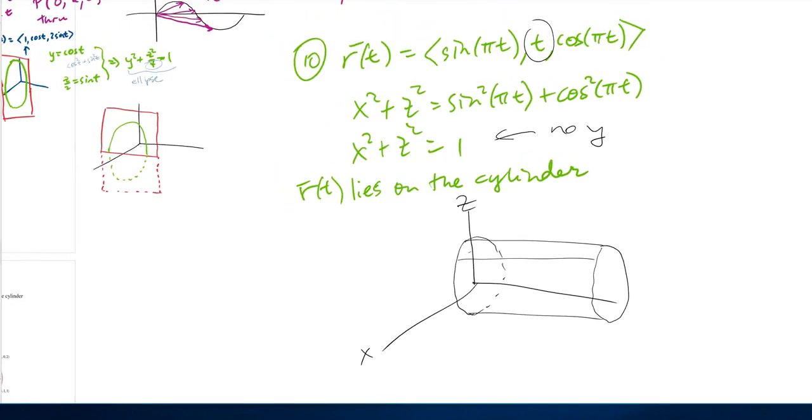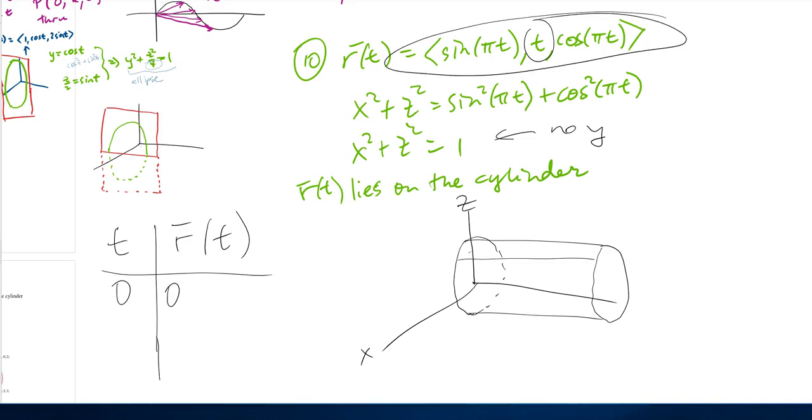So let's pick some t values. So t versus r of t. When t is 0, looking at this up here, you get 0, 0, and then cosine of 0 is 1. So this starts out at 0, 0, 1, which is up here. Let me draw it in red.